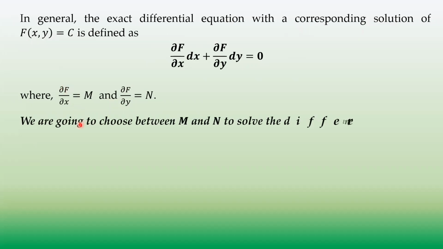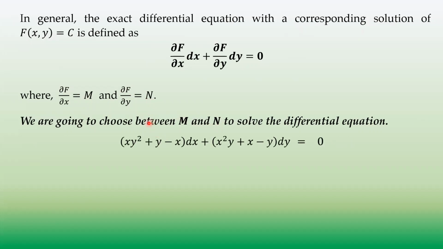So we're going to choose between M and N to solve the differential equation. So pipili tayo ng isa lang. Pwedeng M, pwedeng N. Okay, so again, ito ang ating given. This is M dx plus N dy equals 0. So we're going to choose M. So M muna tayo. So M, by definition, is equal to the partial derivative of f with respect to x.